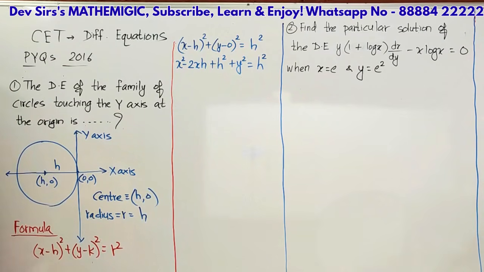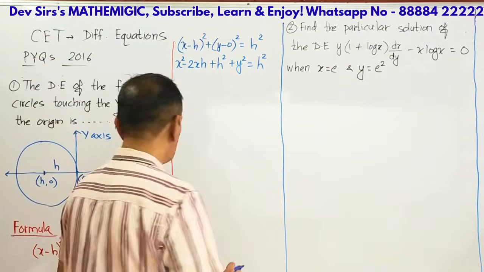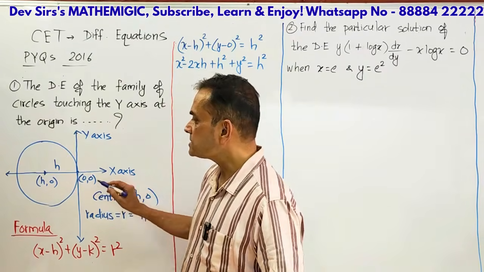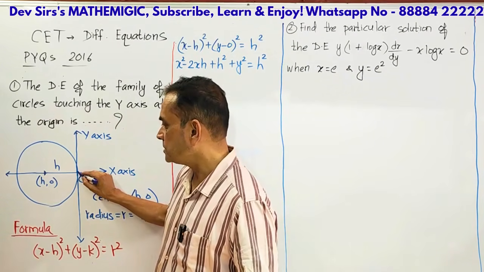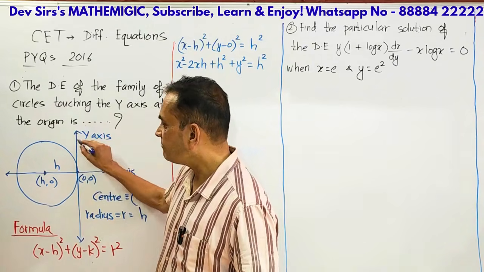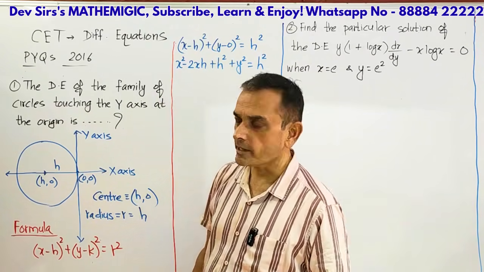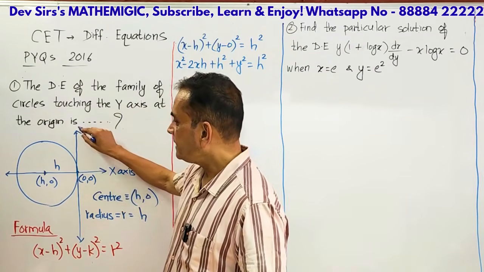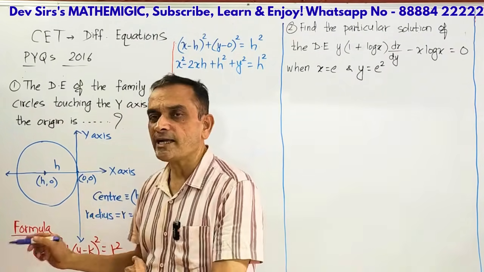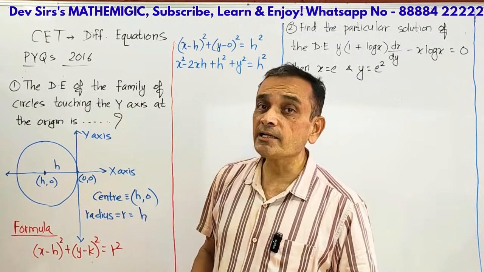Right, so first of all what I have done is I have drawn a circle passing through the origin and touching the y-axis. Okay, so पहले मैंने एक सर्कल ड्रॉ किया, then I drew the y-axis which is a tangent to the circle at the origin.